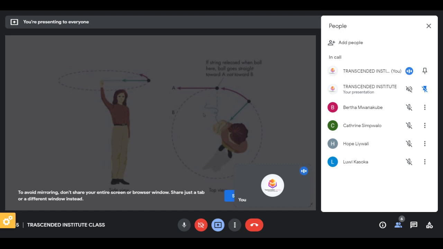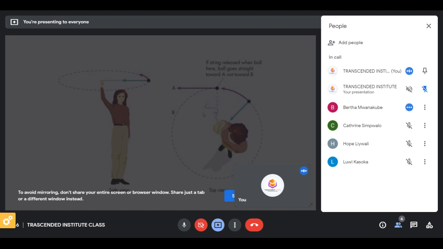So now what are we trying to say? We're trying to say that for circular motion, or for a rotation to occur, there is need for what is being called a centripetal force. Are we together? Yes, sir.